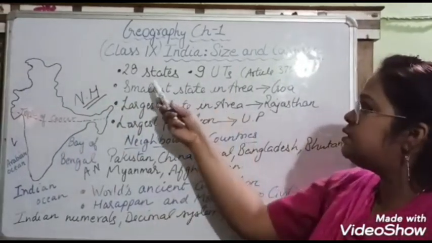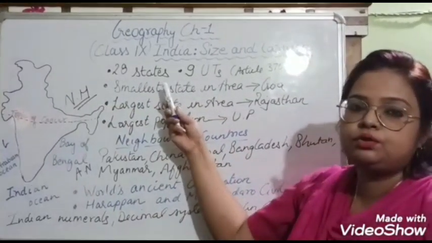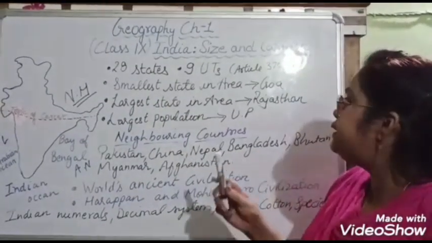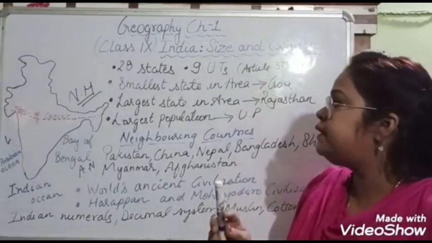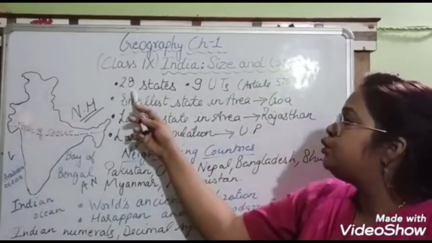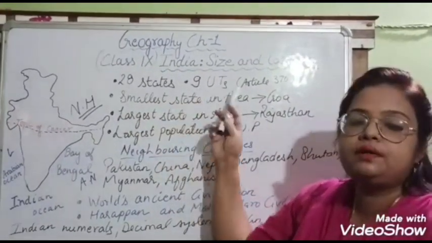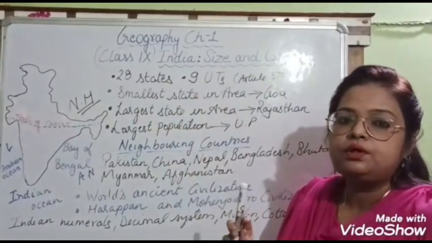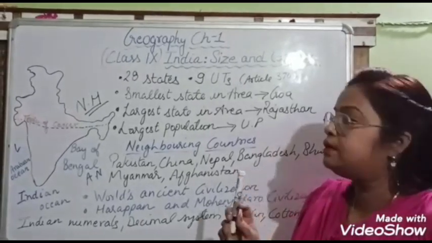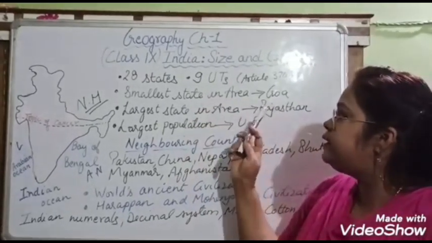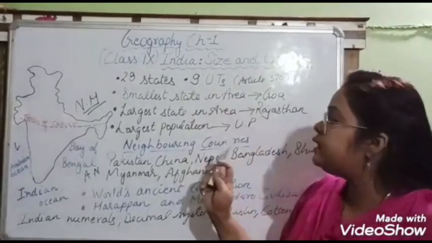There was a change in the Indian Constitution in the year 2019. According to Article 370, in 2019 there was a change. Now we have 28 states and 9 union territories. Two more union territories were added, Jammu and Kashmir and Ladakh, so that is why we have 9 union territories.